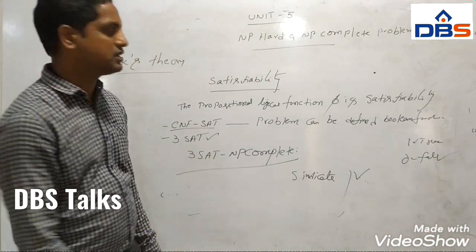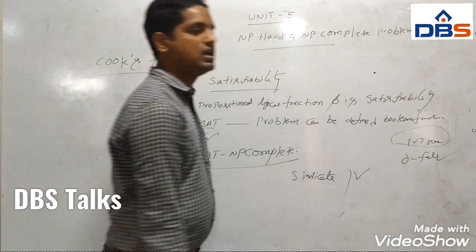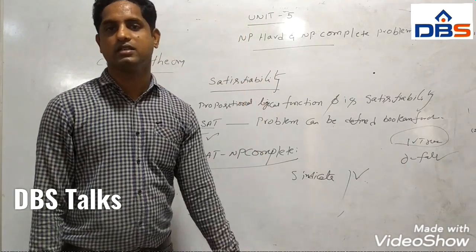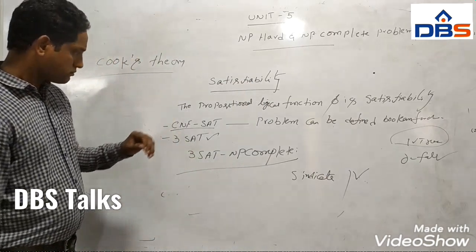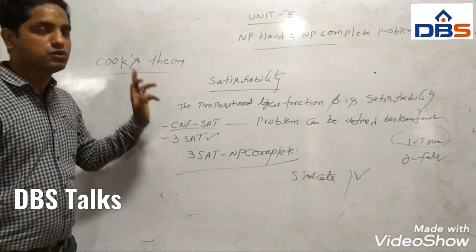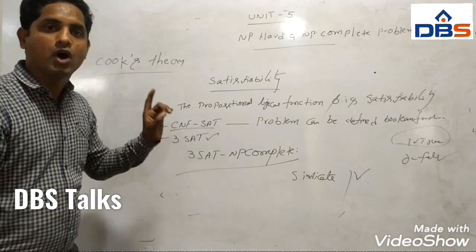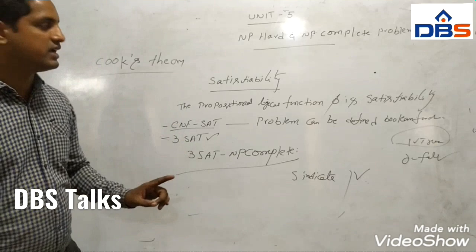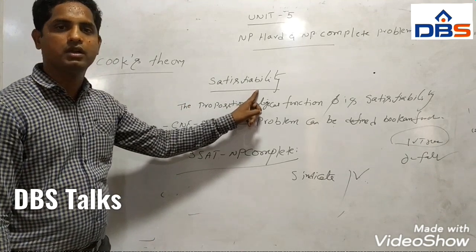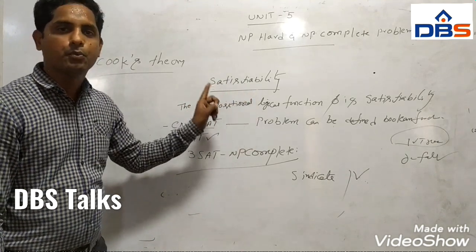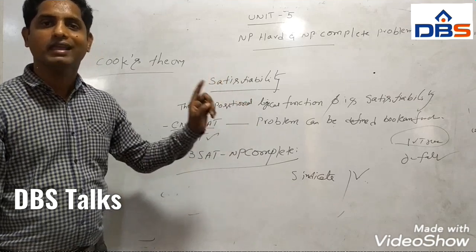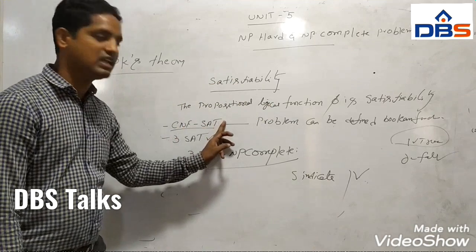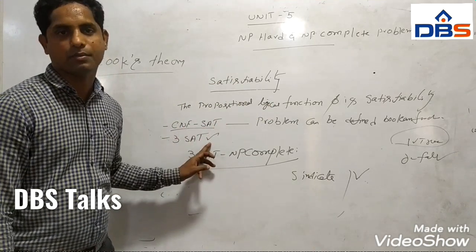Then every time we get 1 for the given expression, that shows 3 SAT is NP complete. Okay, so first we go for Cook's theorem, but the important thing is we know the satisfiability problem. What is meant by satisfiability? A propositional logic formula phi is called satisfiable. There are 2 problems, the CNF SAT problem and the 3 SAT problem.